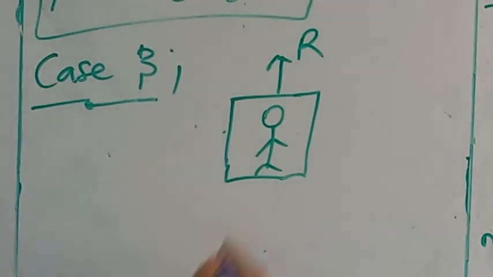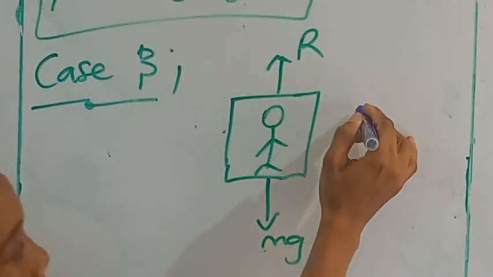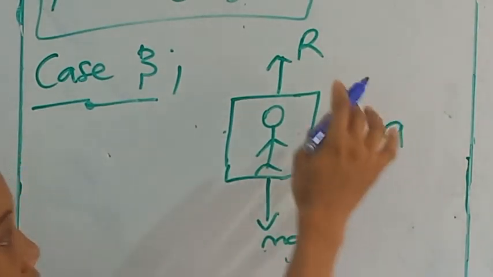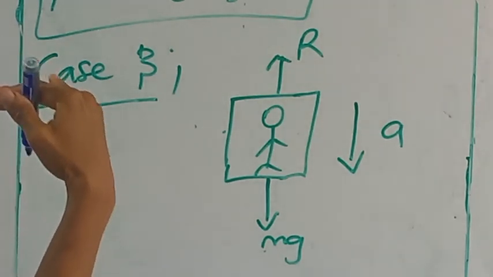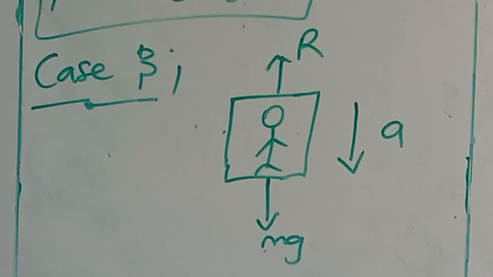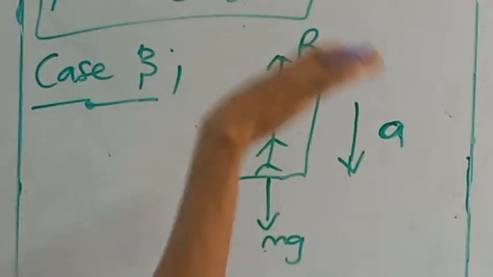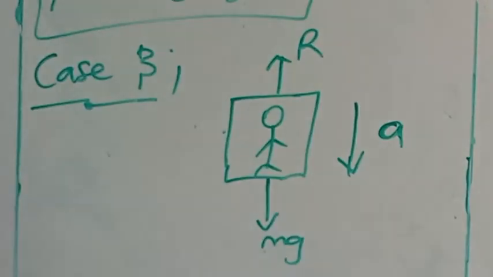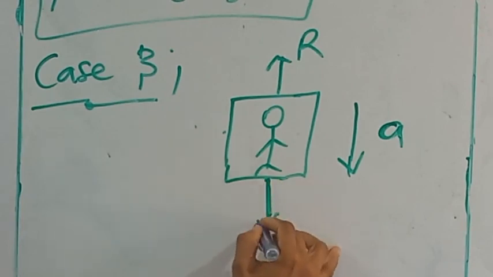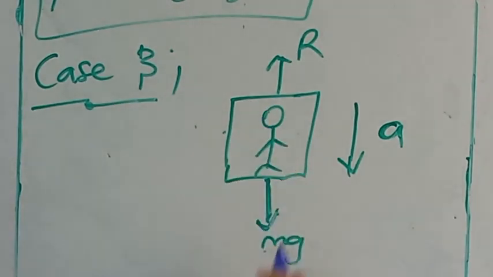Now let's look at case 3. Remember, reaction is up and the weight is down. For case 3, if the lift is going down, accelerating downwards, the man is moving down, maybe let's say moving from the 5th floor to the ground floor. At this point, the resultant force is going to be, remember, this is moving in the direction of mg, which means that mg is pulling it.